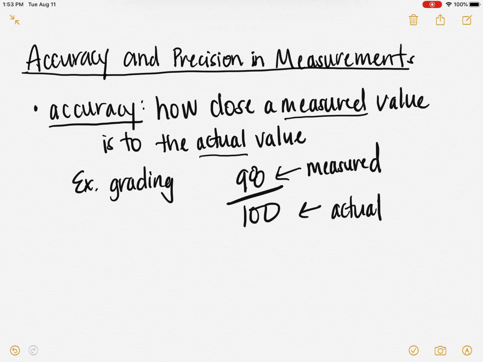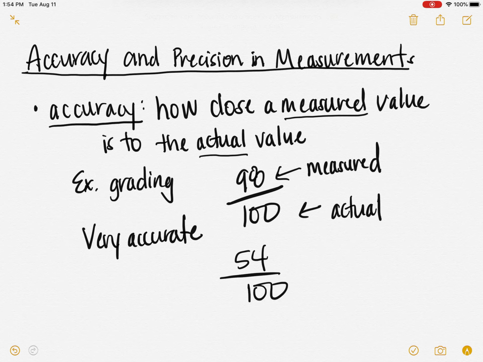So the term here would be that you were very accurate with a 98% or a 98 out of 100, which of course is a 98%. On the other hand, if a different student took that test and they got a 54 out of 100, right? I think you could argue that in this case they're not very accurate, or the accuracy would be very poor. However you would want to describe that.